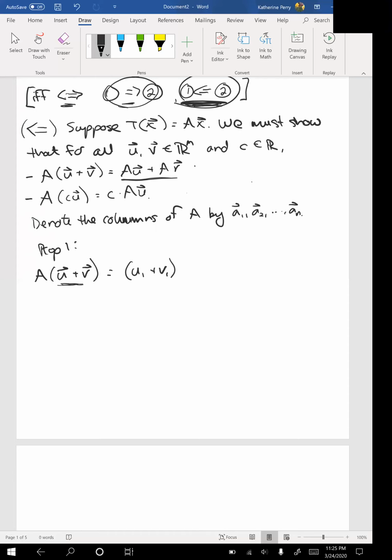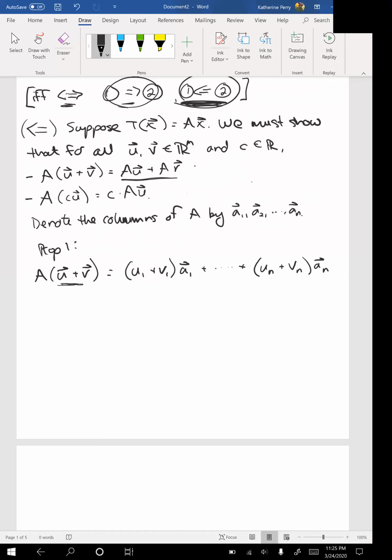And I'm going to take that and multiply it by the first column of my matrix A. So that would be A1, which is a vector. And I'm going to do this for all columns, eventually ending at the nth column. So here I would have my nth entry in my vector U plus my nth entry in my vector V, and I'll take that and multiply it by the nth column of A.